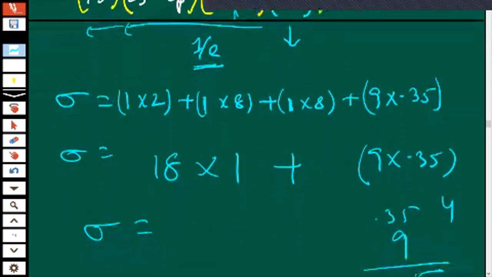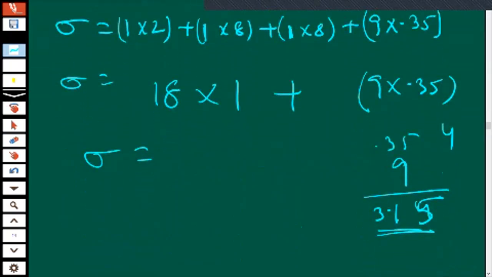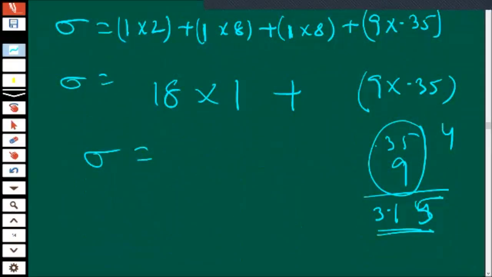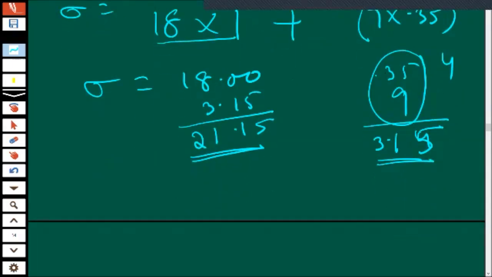Correct, no? Yes, sir. Okay, now just multiply 0.35 into 9. 3.15. So 18 into 1 means 18.00 and 3.15. How much is it? 21.15. Okay.